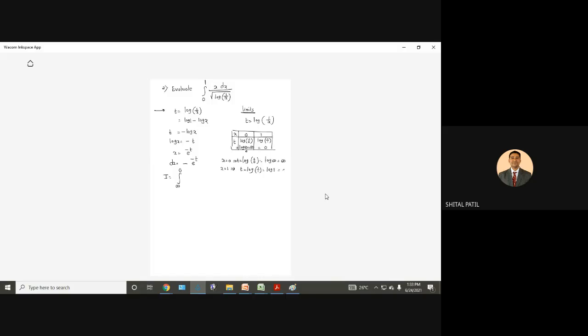And what is log of 1? 0. Okay, so infinity to 0. Then e raised to minus t, minus of e raised to minus t dt divided by root of log of 1 upon x, root of t. Okay, so minus sign outside.